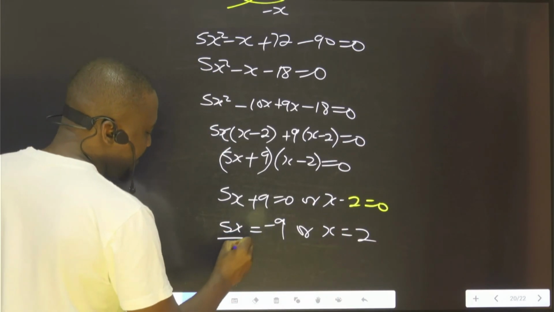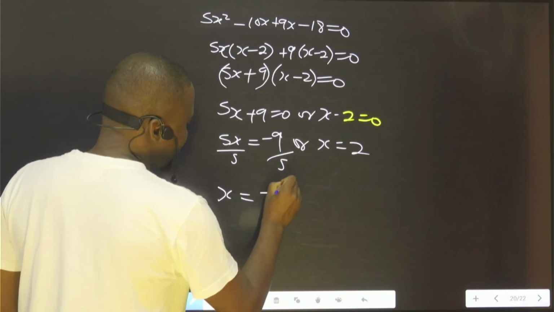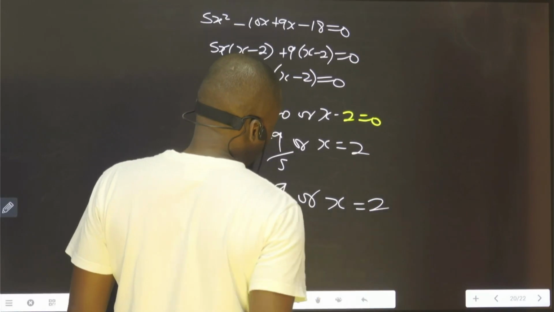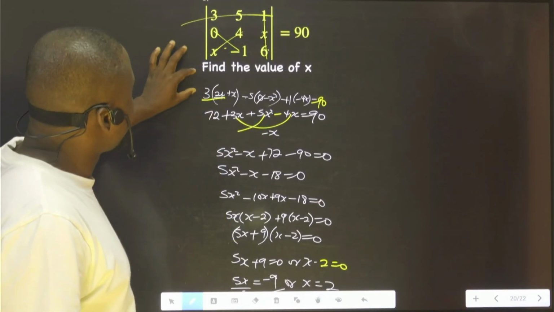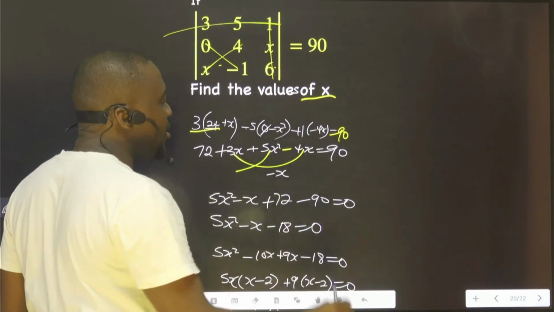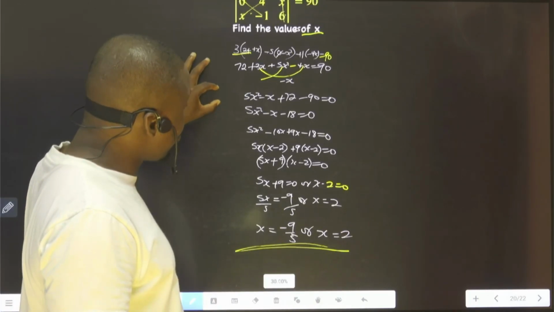Divide both sides by 5, we're going to have x as equal to minus 9 over 5, or x equal to 2. Okay, although we are asked to find the value of x, this question should be find the values of x. Okay? Hope this is understood.